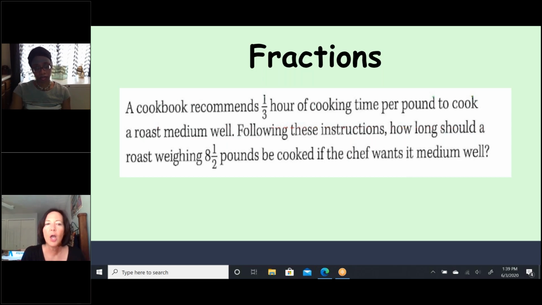I try to get students to think more, to reason more than to just go straight for the equation. So for a problem like this, because it can be confusing, if you're going to spend 1/3 of an hour cooking 1 pound, how long would you spend cooking 2 pounds?